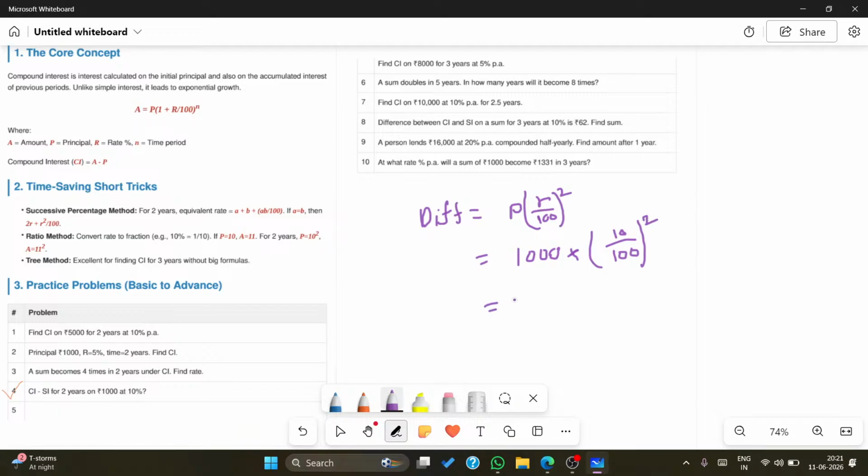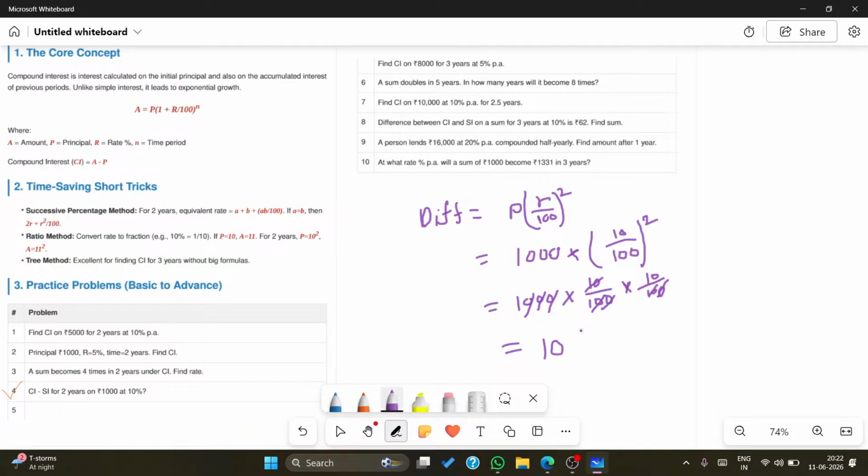So 1000 multiplied by 10 by 100 by 10 by 100. Counting the zeros, these four zeros will be cancelled. So difference is equal to 10.